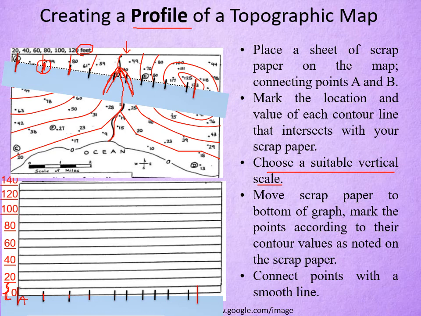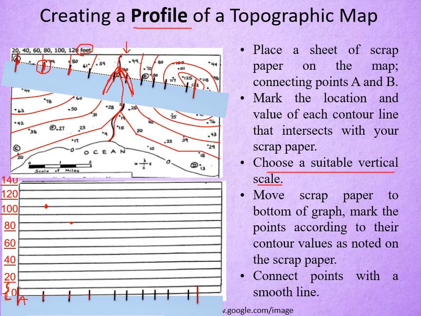So now I place this intersecting point from the x-axis to the 100 feet value, according to its original altitude value. Similarly, this one is 80 feet, so I placed this point according to its original altitude value.